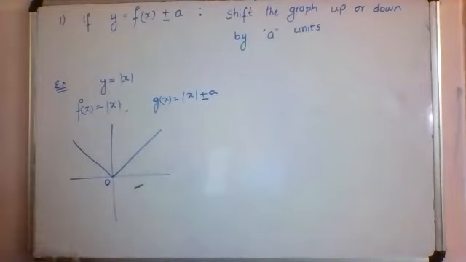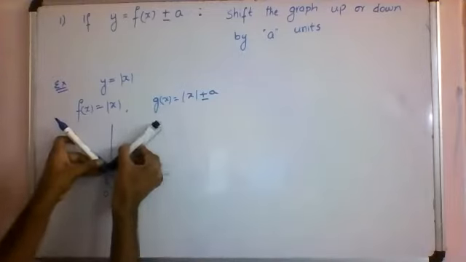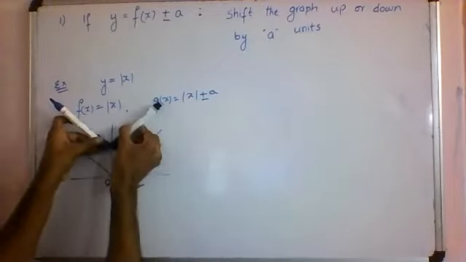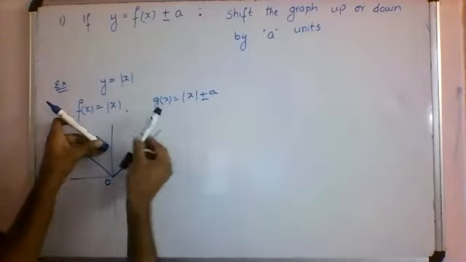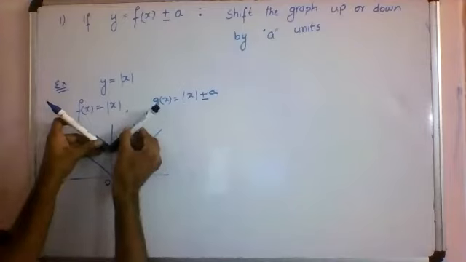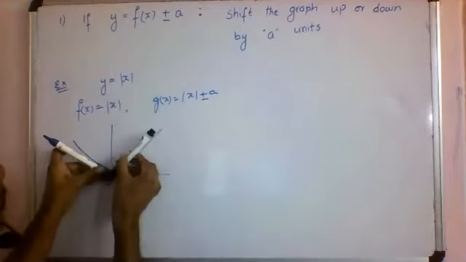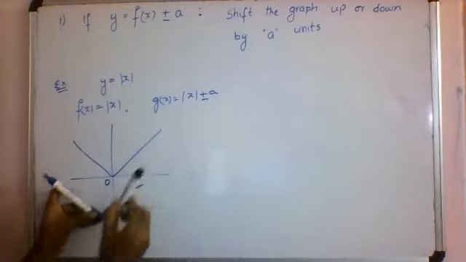You shift this up by a units. Whatever we are adding, to that extent we have to shift. If we subtract a, you shift the graph down by a units.